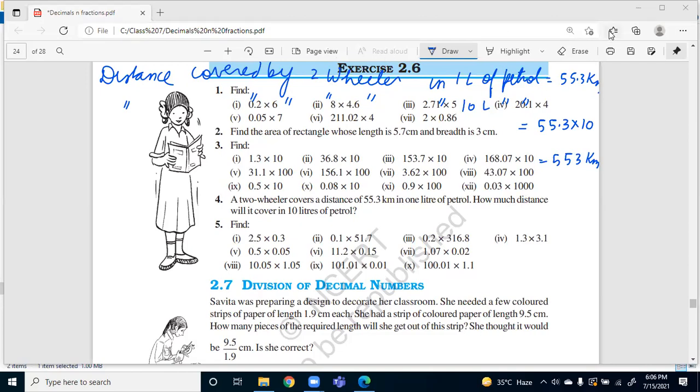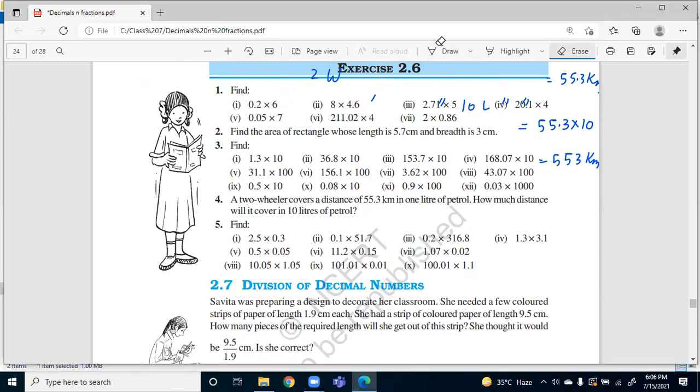Okay, so let's start with question number 5. Here again we have to multiply, and then put the decimal accordingly. I'm choosing some questions which we will do, and some I will give as homework.